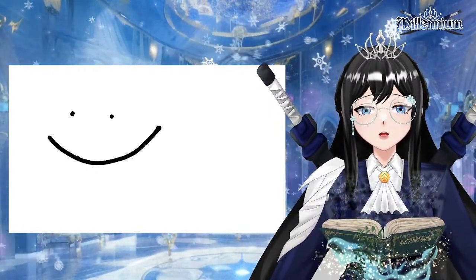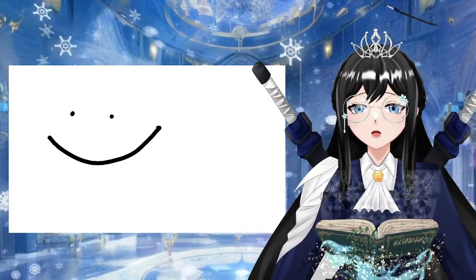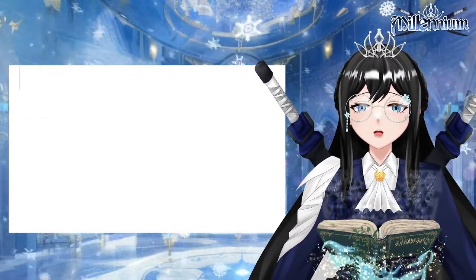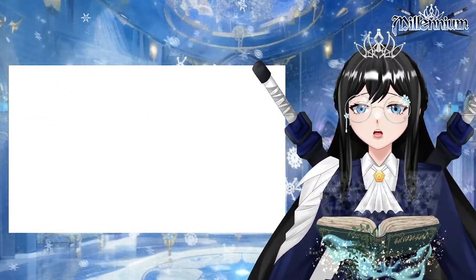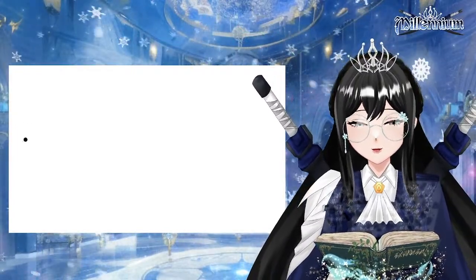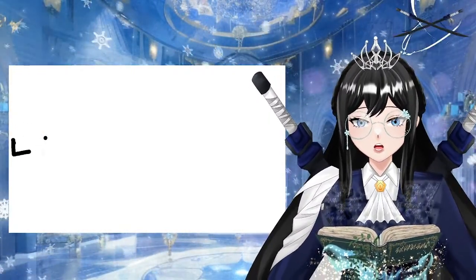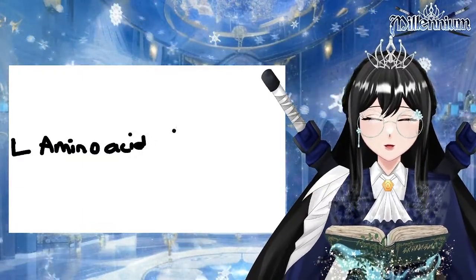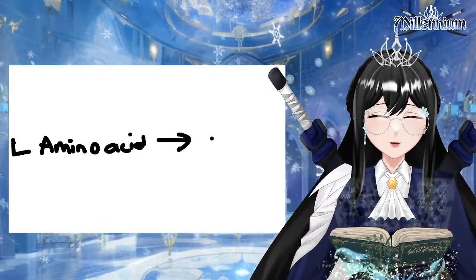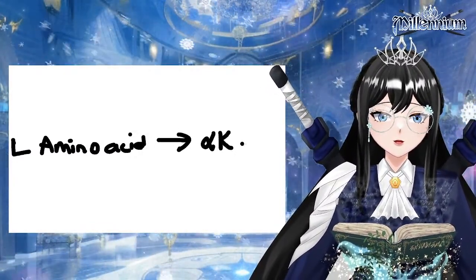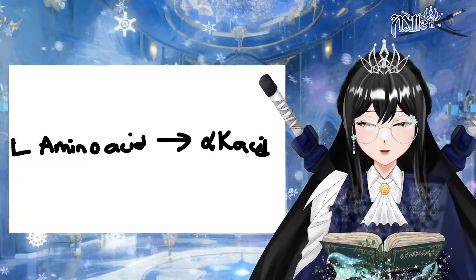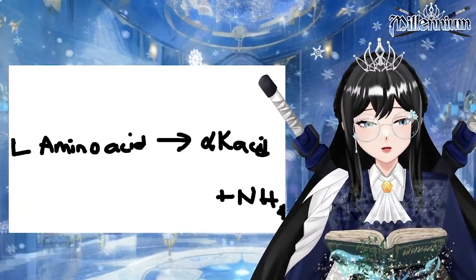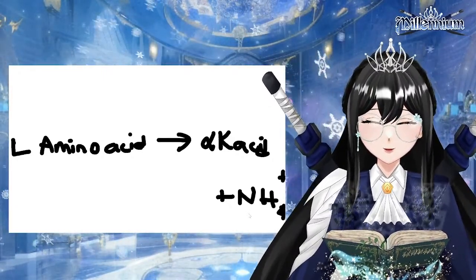So lysine and leucine are ketogenic and are converted from an L amino acid into an alpha keto acid. That's what happens to them, and you also get ammonia as a result.